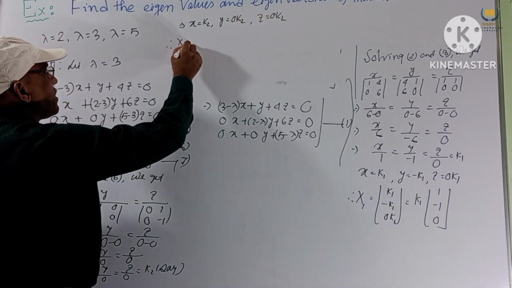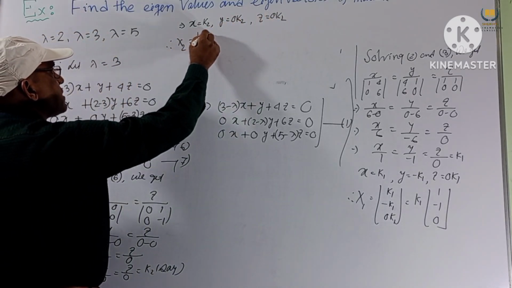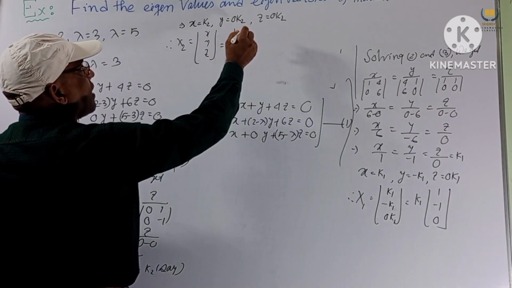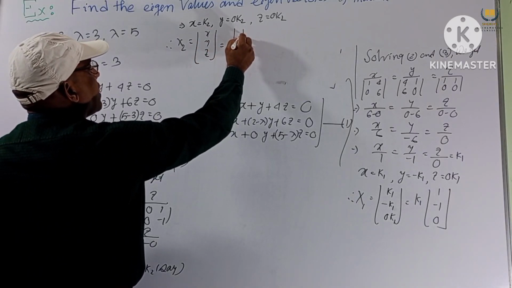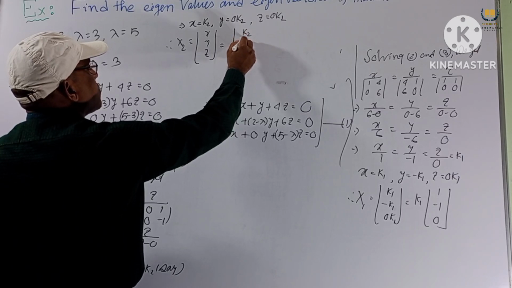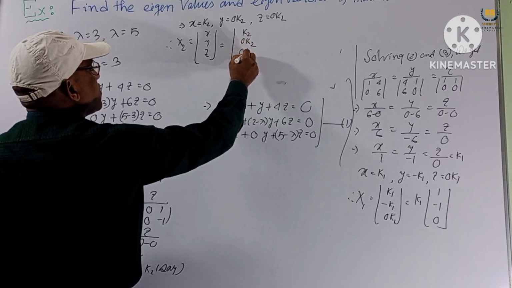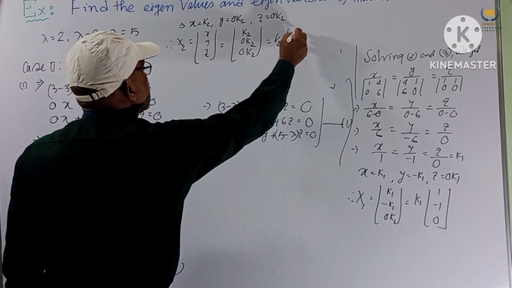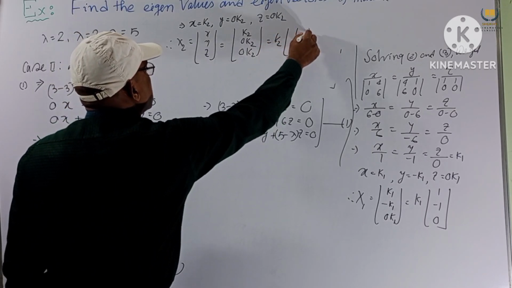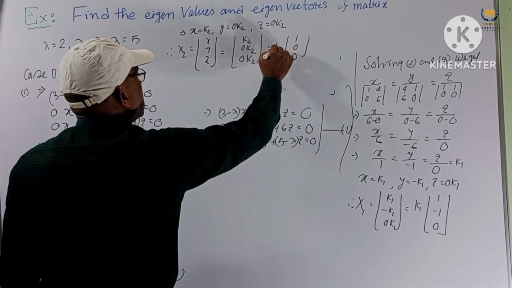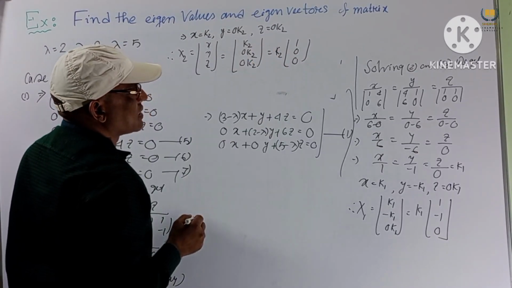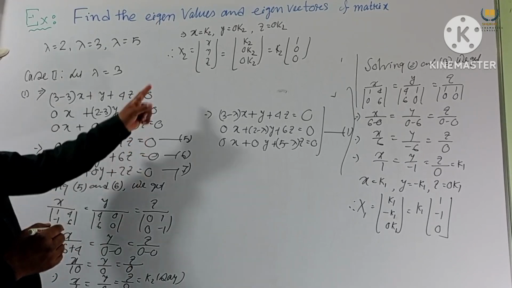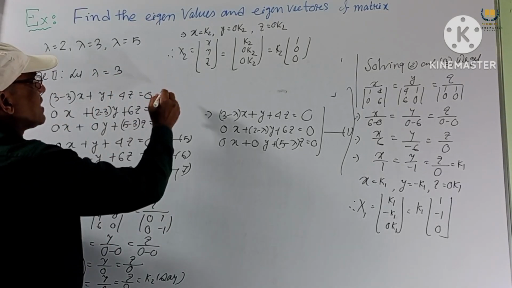Therefore, x2 equals xyz, this is k2, 0 k2, 0 k2, and k2 is common, we get 1 0 0. This is the next eigenvector. We get the second eigenvector.